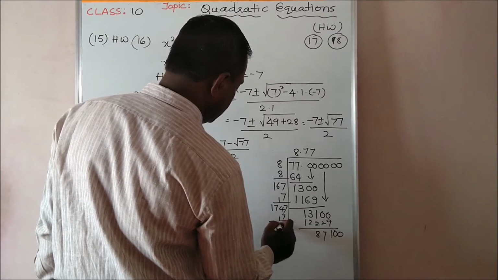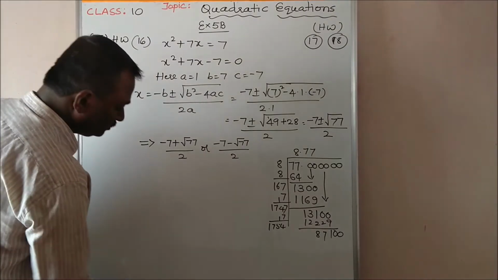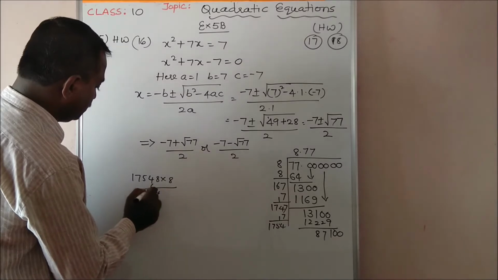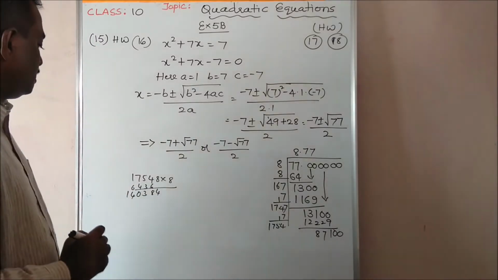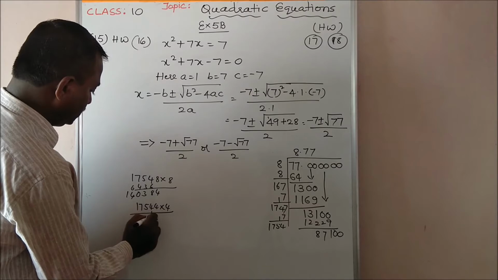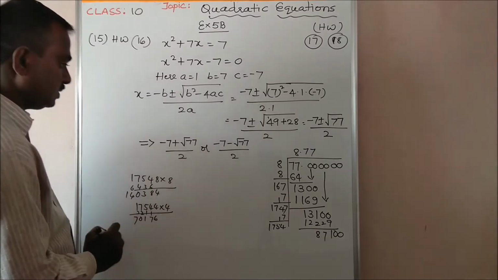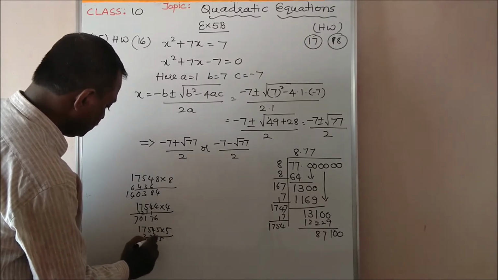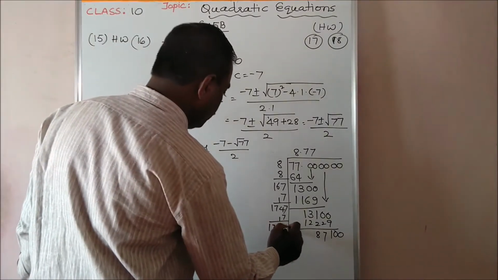This 7 you have to add, 1754. So 1754, then 17545 into 5, 4 we can take. 4 into 4 is 16.